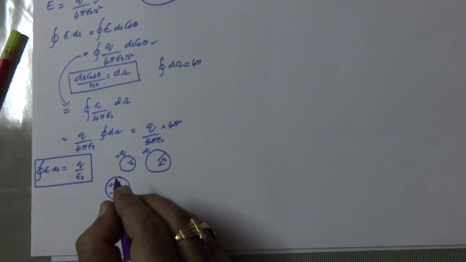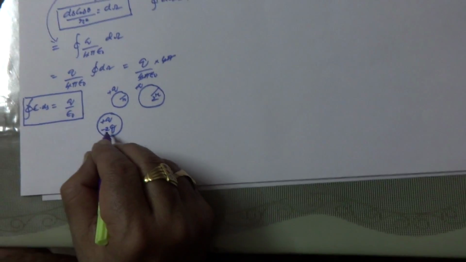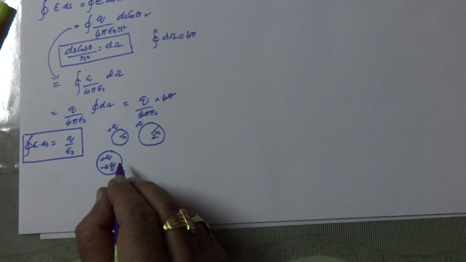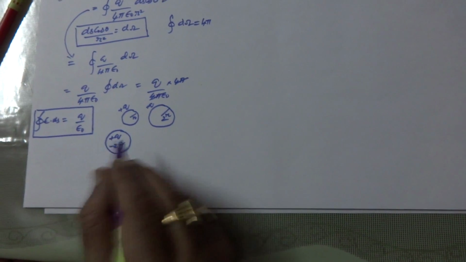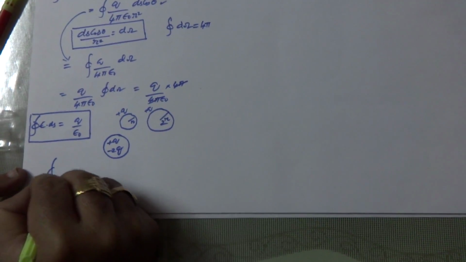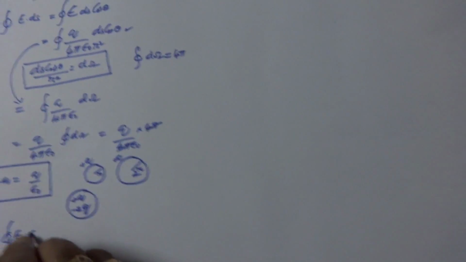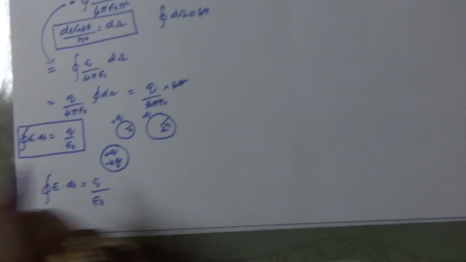Now at the same time, suppose plus q and minus 2q are here, then what is the total flux? You have to take the algebraic sum of the charges. So here it is minus q by epsilon naught will be the total flux because charge is additive. Now the general formula is E dot ds is equal to q by epsilon naught.